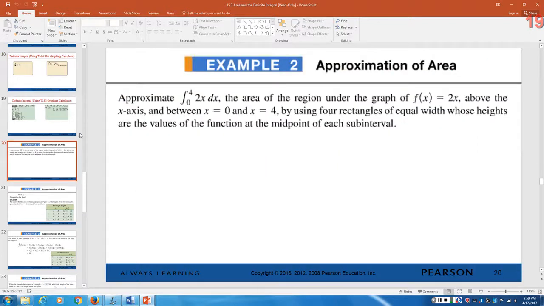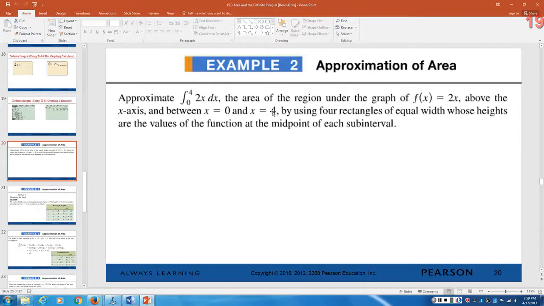So here's an example. Let's see if you can approximate your example, and I'll do it using a formula and let you do it using your numerical integral. But this one says approximate the area from 0 to 4 of 2x dx, the area of the region under the graph of f of x equals 2x.